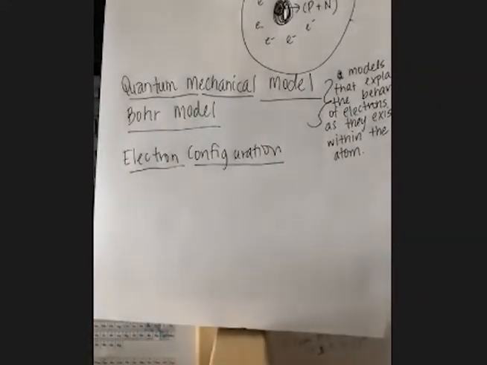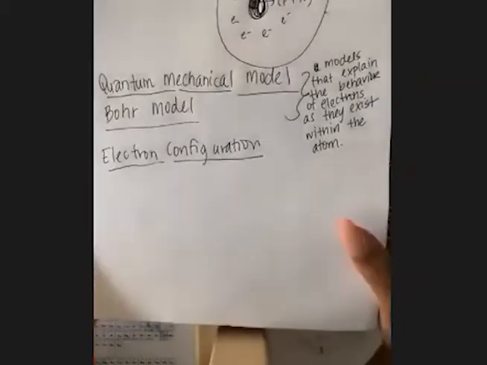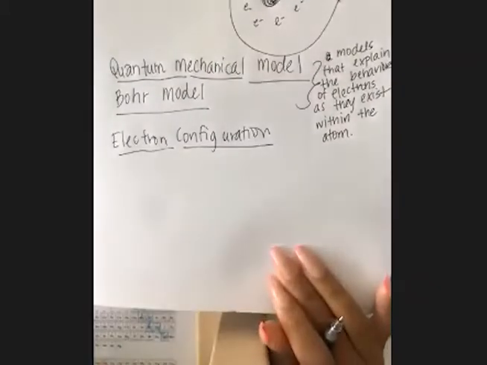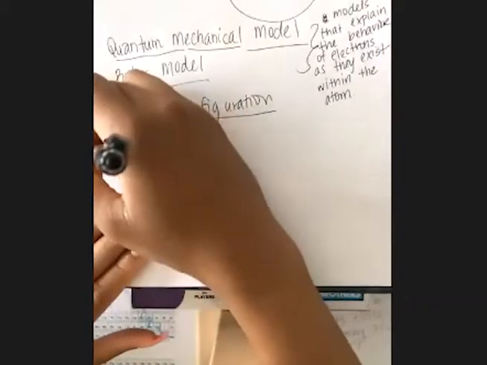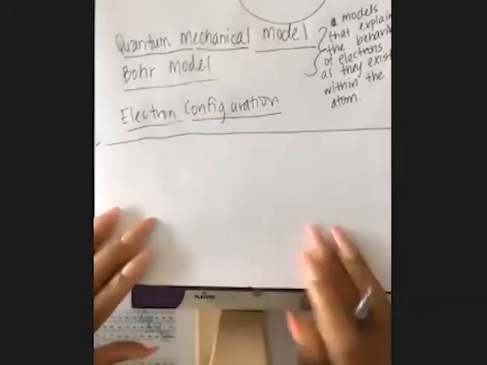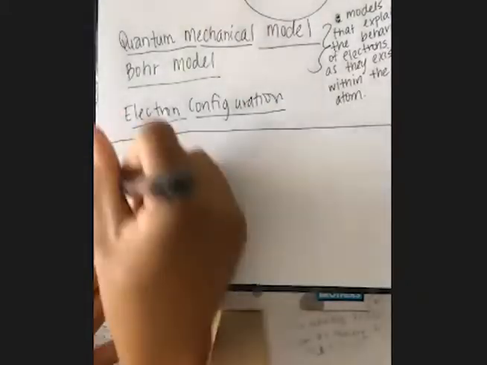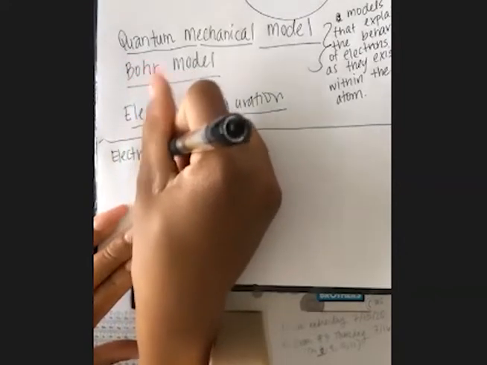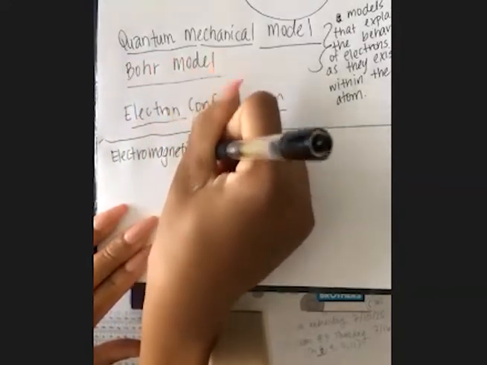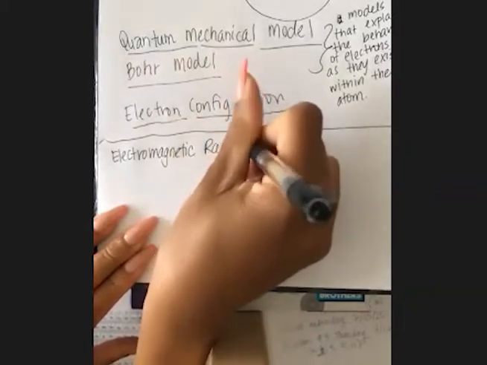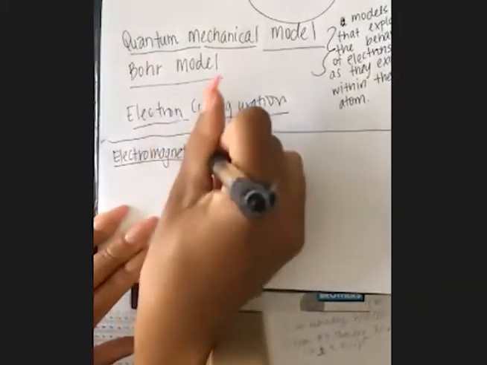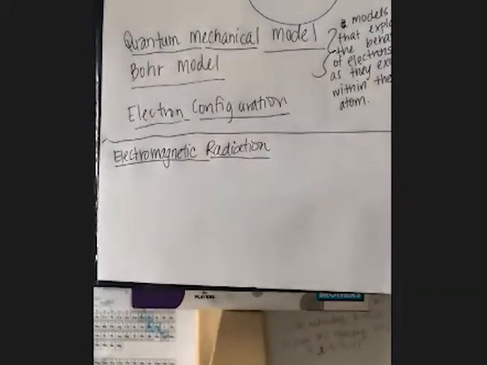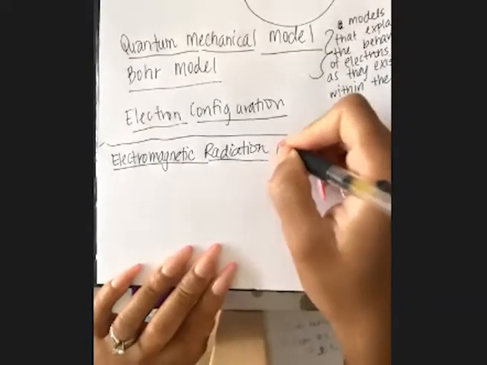But before we get into too much detail about that, we first have to talk about light, which is considered electromagnetic radiation. All right, so this is light.